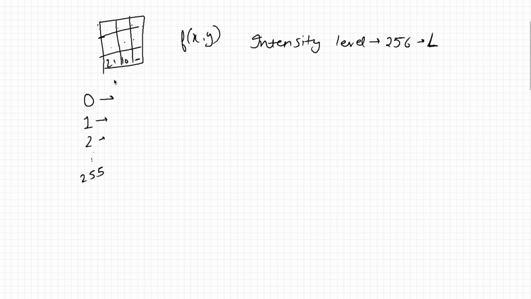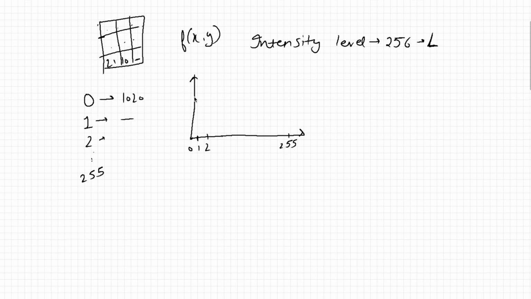We have an image, so we can calculate that 0 has occurred 1020 times, 1 has occurred some number of times, and so on. Similarly we can draw a histogram like this, where this will be 0, 1, 2 and so on up to 255. And then we can plot this number.